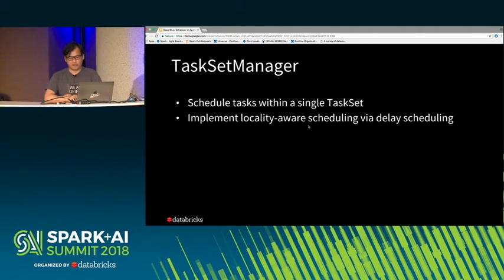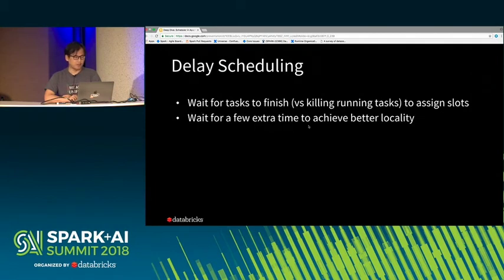So the task set manager is responsible for scheduling tasks within a single task set, and it implements locality-aware scheduling called delay scheduling. Before we go into detail of delay scheduling, we explain two general ideas that we want to achieve better locality.